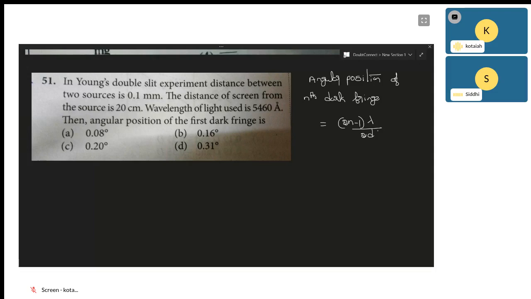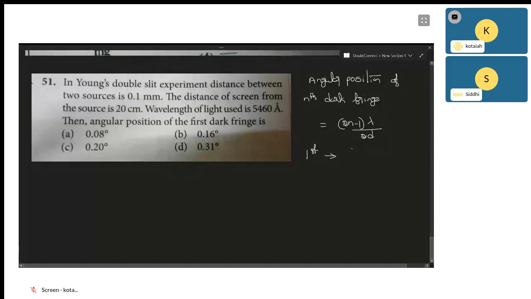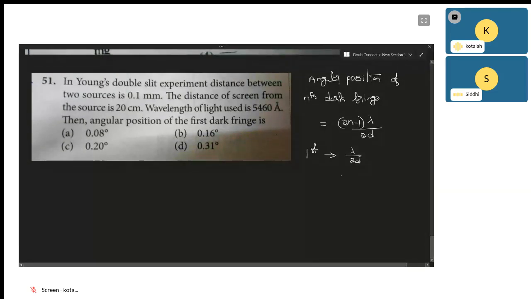Lambda means the wavelength of the wave, and d is the distance between the two sources or slits. Now he is asking the first dark fringe, so substitute n equal to 1. You will get lambda by 2d.